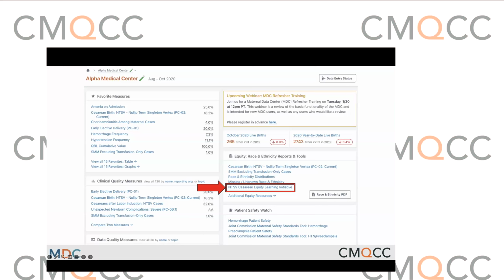So every hospital in California that's a member of CMQCC has access to this dashboard and access to these structure measures, regardless of whether you're actively participating in the initiative or not. So you're able to review these structure measures and start on this work, whether you are planned to be in the learning initiative someday, or currently in the learning initiative, or maybe will never be in the learning initiative for whatever capacity reasons. Next slide.